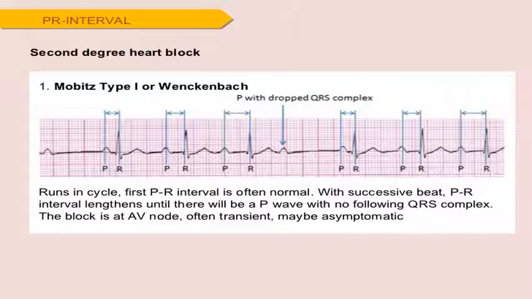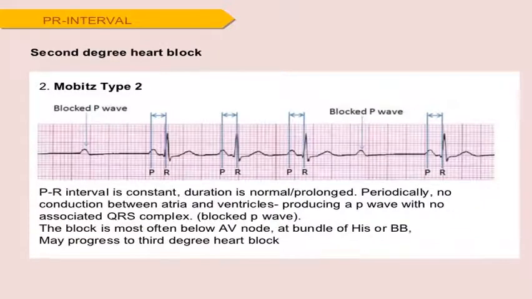Now second degree heart block Mobitz type 2. PR interval is constant, duration is normal or prolonged. Periodically, there is no conduction between atria and ventricle, producing a P wave with no associated QRS complex. So this is Mobitz type 2 heart block.